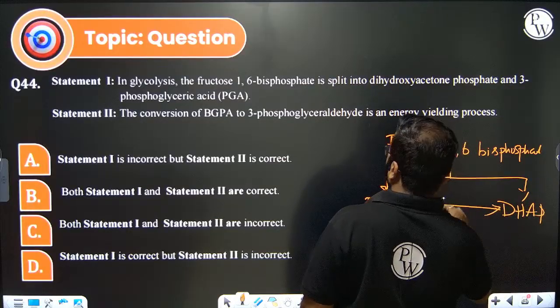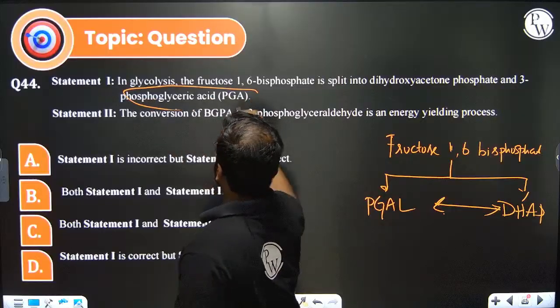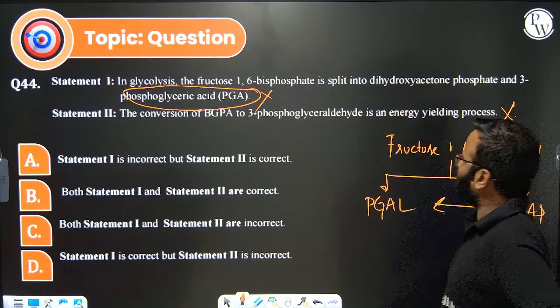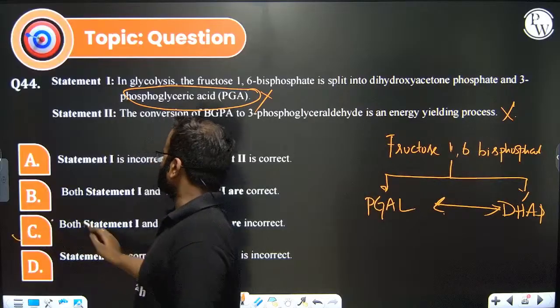So statement 1 is wrong. The conversion of bisphosphoglyceric acid to 3-phosphoglyceraldehyde is an energy yielding process. No. So both the statements are incorrect.